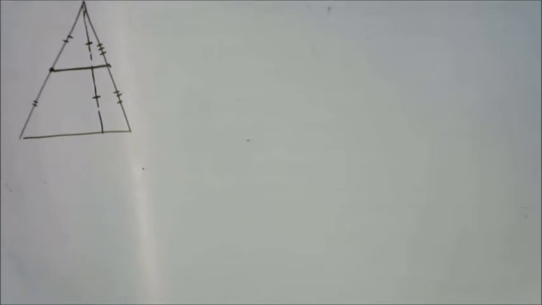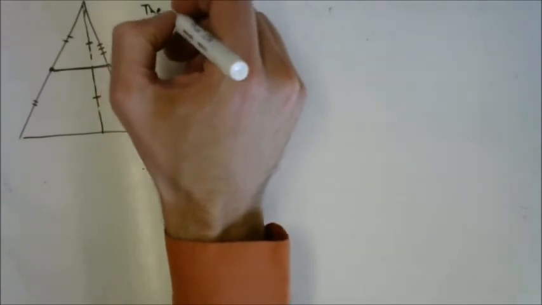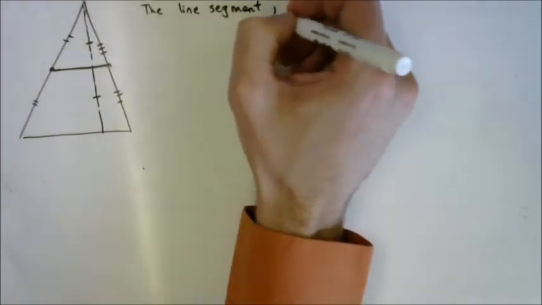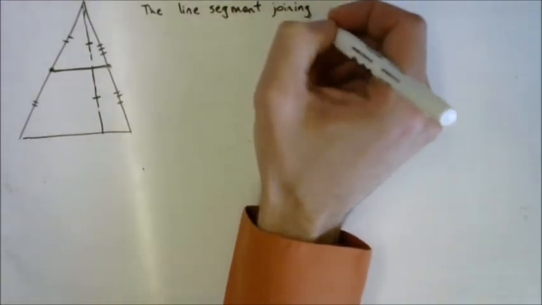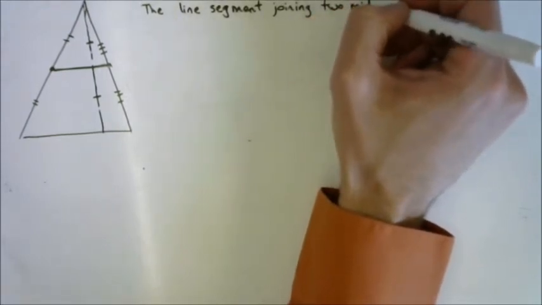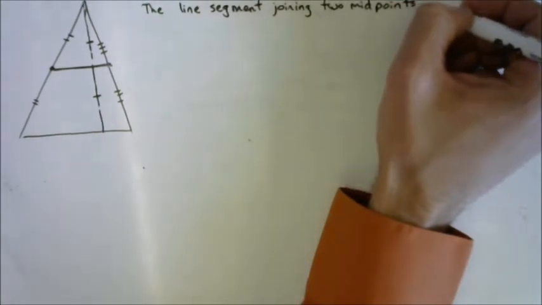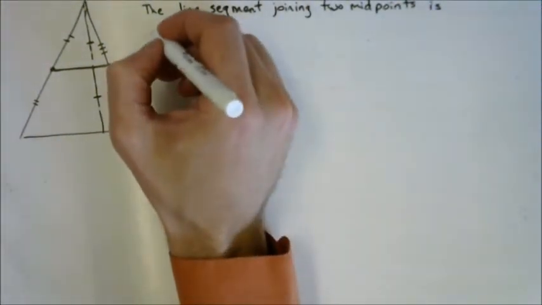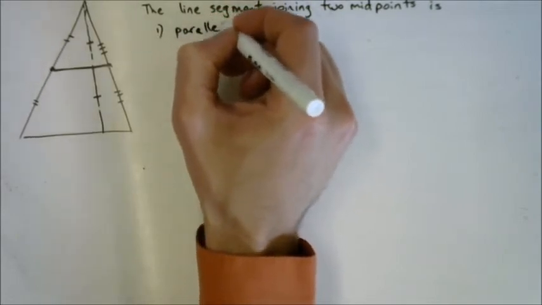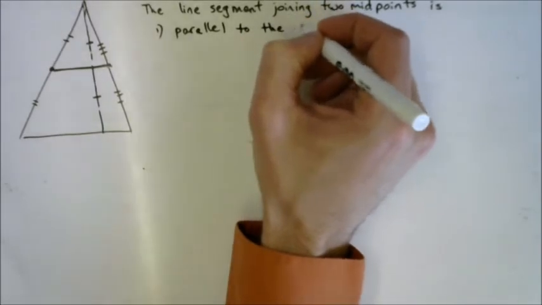Okay, here we go. A line segment joining the midpoints of two sides is parallel to the third side. So we've got the line segment joining two midpoints is two things. One, parallel to the third side.